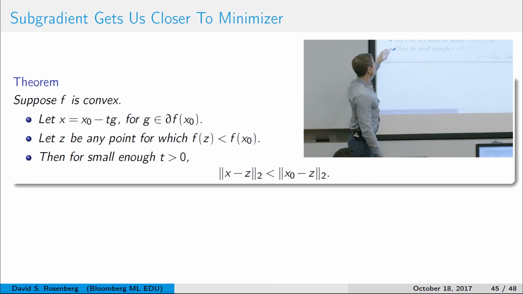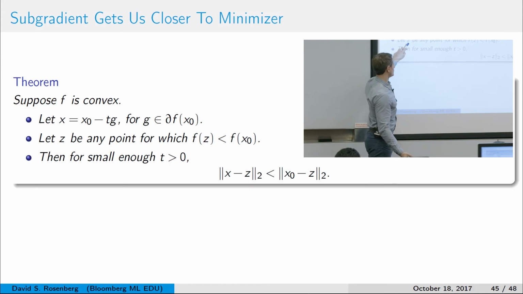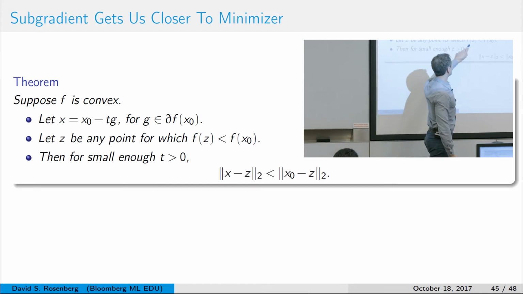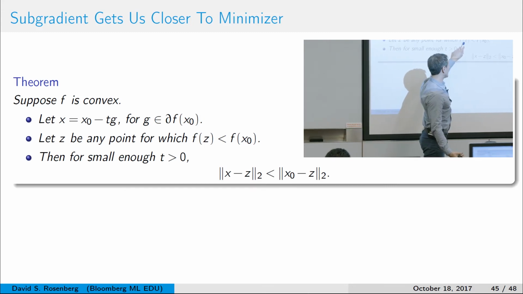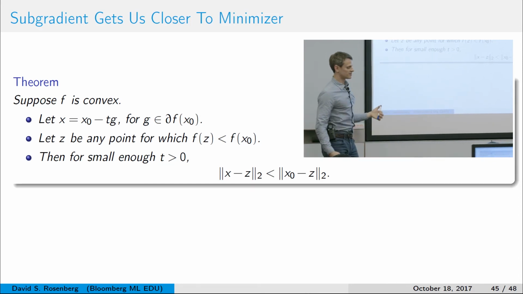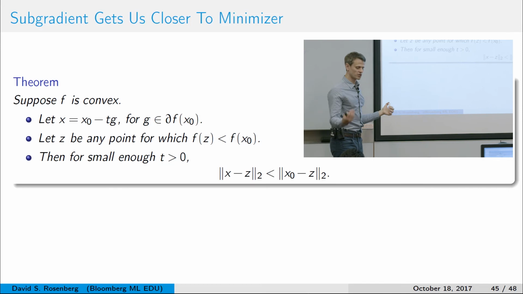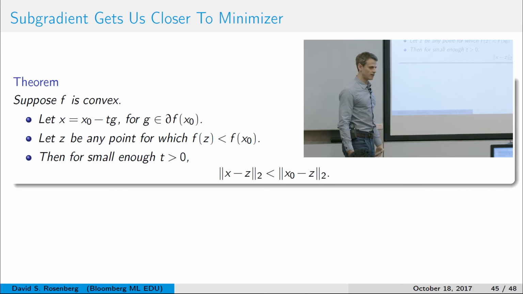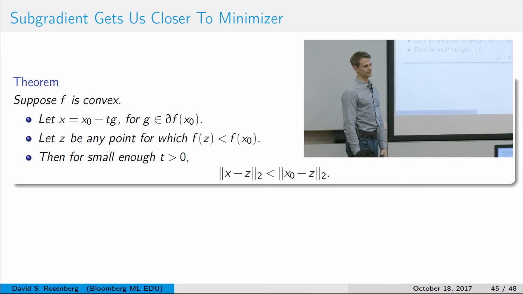What we're going to prove is that we can have any z. It doesn't have to be a minimizer. We're only assuming that the value of f at z is less than where we're starting. So this theorem also says that for any point where the function has a lower value than where we are now, we're getting closer to it.